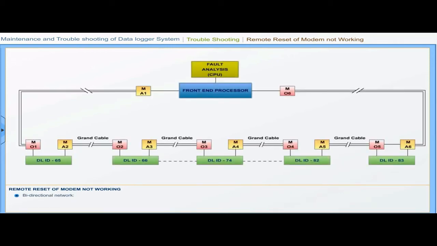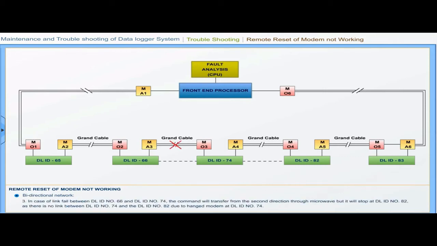Bi-directional network: consider the bidirectional network as shown in the diagram. Open the command menu in CMU software, select the FEP port to which the network is connected and select the station name at which data logger ID number 74 is situated. Press the modem reset button and select the port number of the data logger to which the hanged modem is connected.